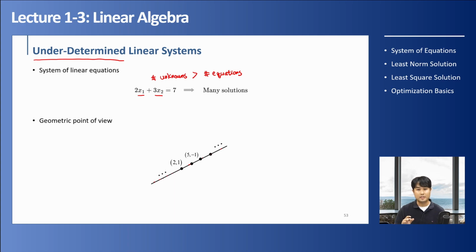So this, in turn, implies that there are many solutions, in fact, infinite number of solutions, meaning that we cannot come up with a single or unique solution in its natural form.